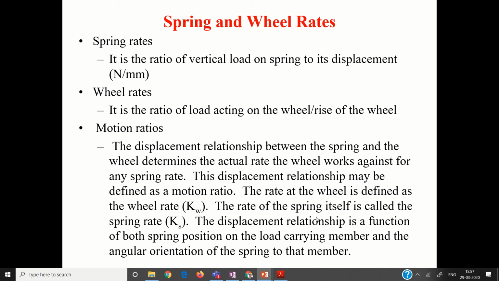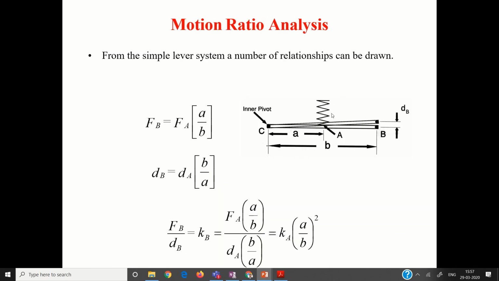Let us talk about something like spring and wheel rate. So you have a suspension spring. What is the force coming under the suspension spring, and what is its deflection? That will give you the spring rate. One end we are connecting, this is a lever.